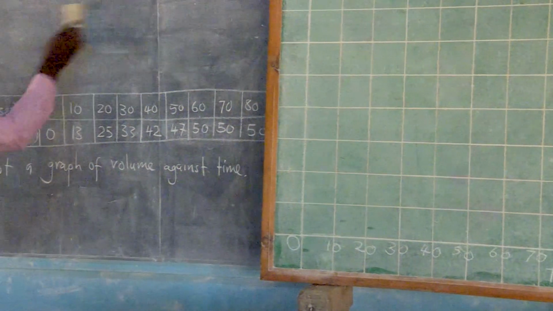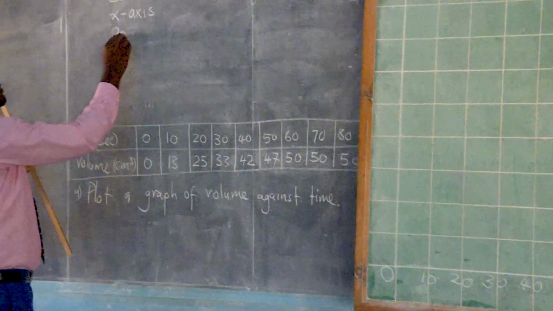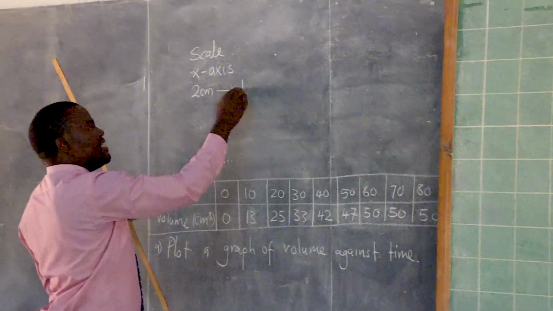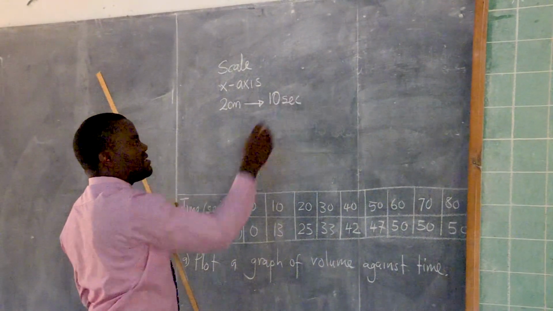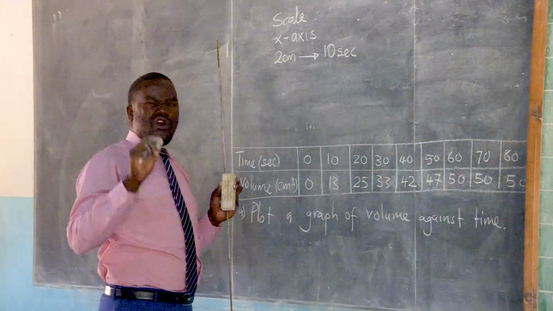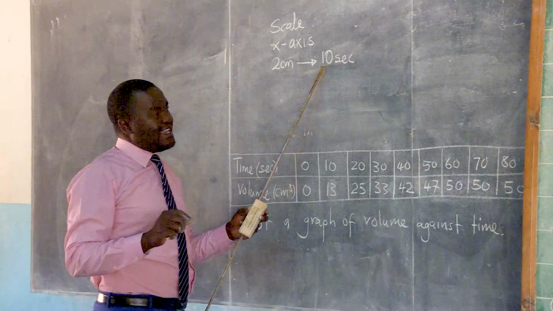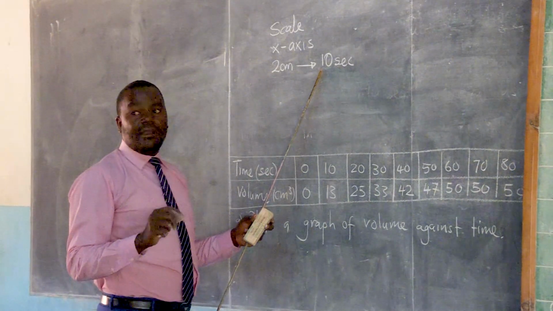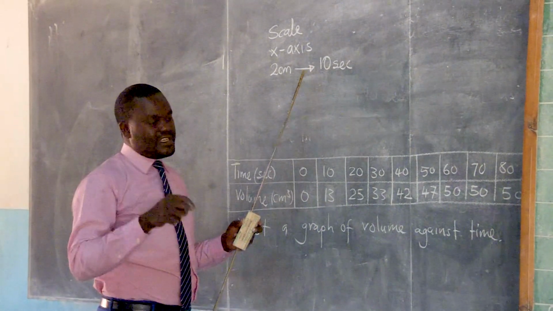So along the x-axis, 2 centimeters represents 10 seconds. For you now to know the value of a smaller box, you divide this 10 by the number of those smaller boxes.